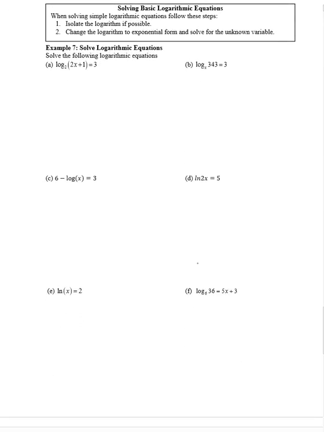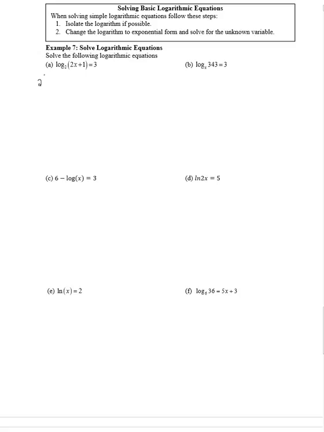How do we solve basic logarithmic equations? Well, first you have to isolate the logarithm and then change the logarithm to exponential form, and then it's just like what we did in the last section. So if we look at part A, we have log base 2 of the quantity 2x plus 1 equals 3.